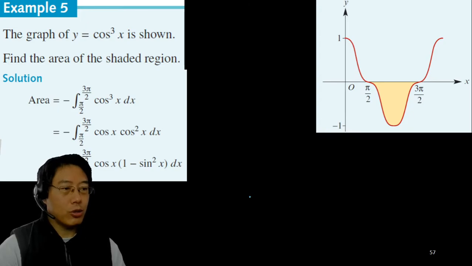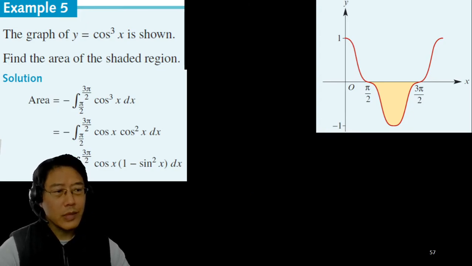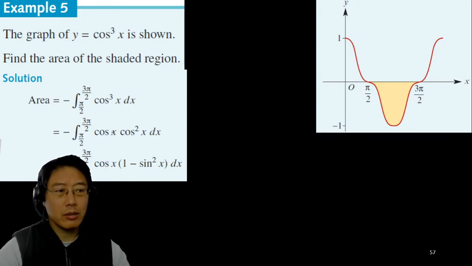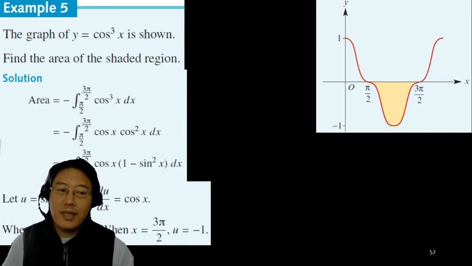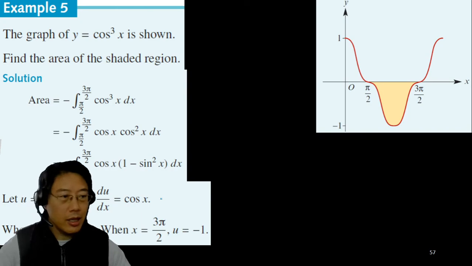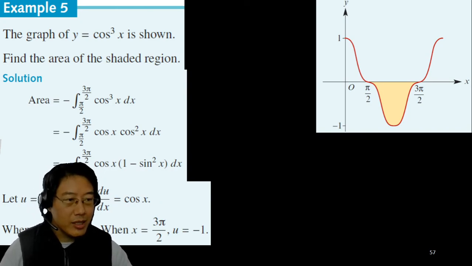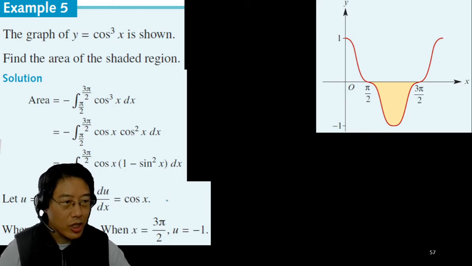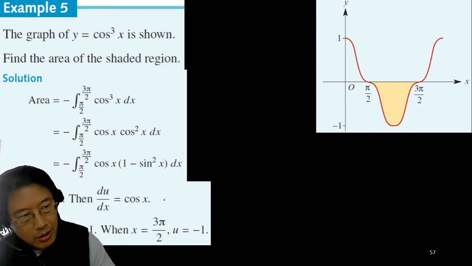Alright, so let's go to this substitution. So here you factorize cos x from that cos cubed. We said u is sine of x. When you do du dx equals cos of x, I'm going to make du the subject, like that.